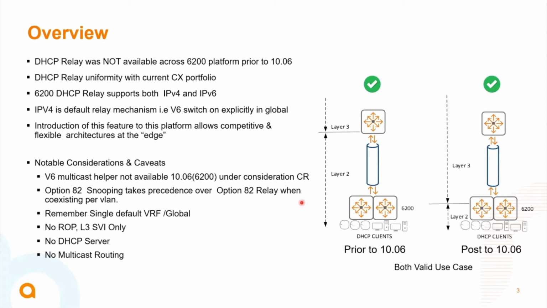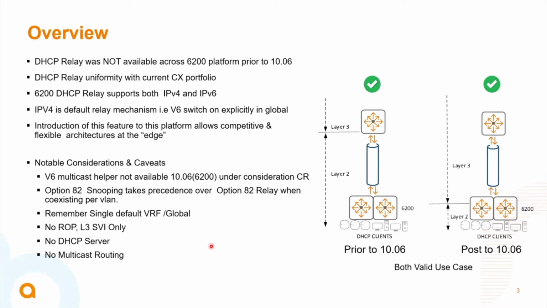Other things to remember, obviously, we've only got a single VRF usable effectively. You still have the management VRF, no routing on a port for this product, only SVI. So your uplink will be a transit SVI. There is no DHCP server, so be very clear about this: we've got Relay but not DHCP, and there's no multicast routing.